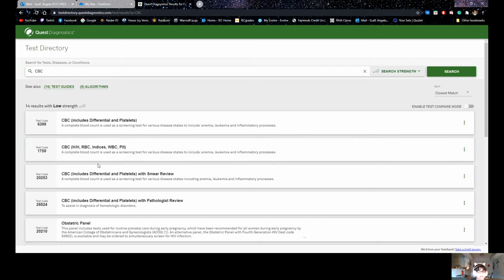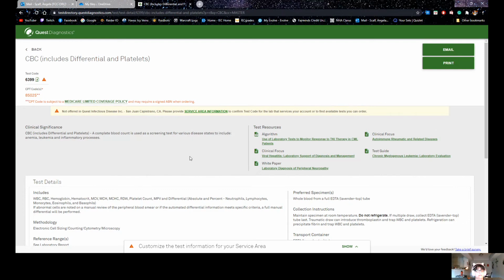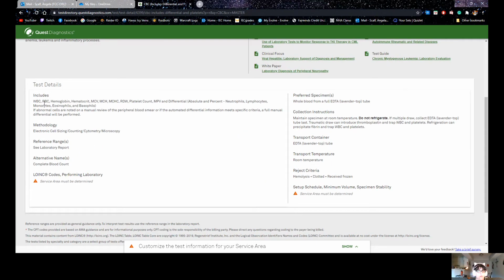And so there are different ones. So let's just look at the basic CBC with the differential and platelets. So this is showing you what it is looking at, and yesterday we went over what all of these tests mean and what it means when the neutrophils are high or the eosinophils and so forth.